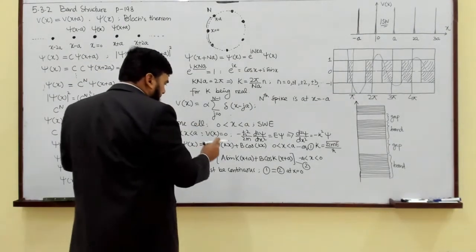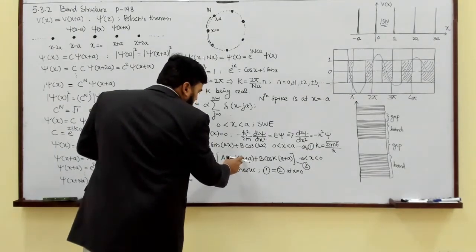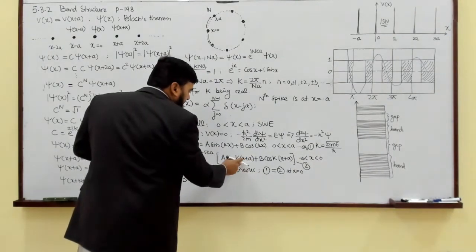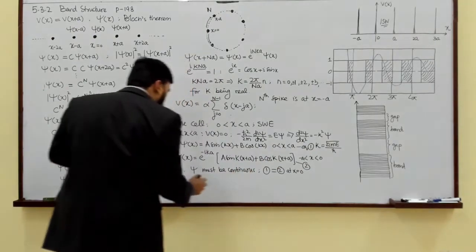When I put here x equal to 0, then this is x plus a, so this will be A sin ka plus B cos ka.